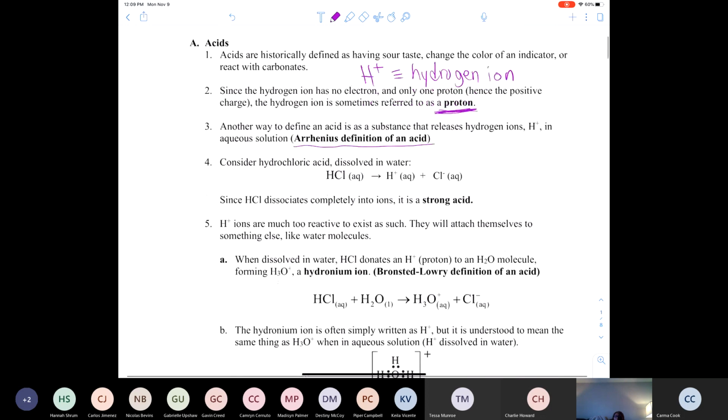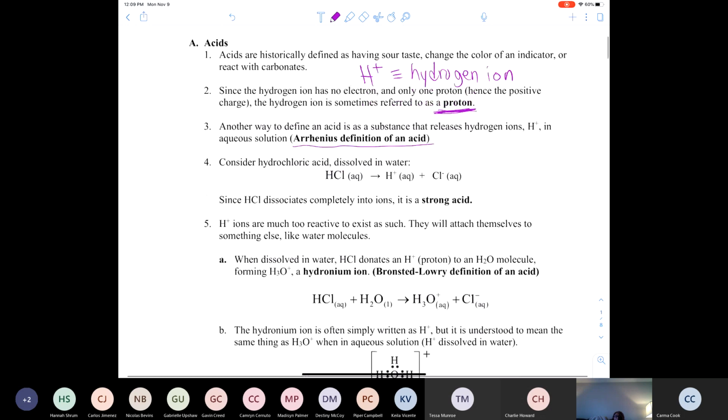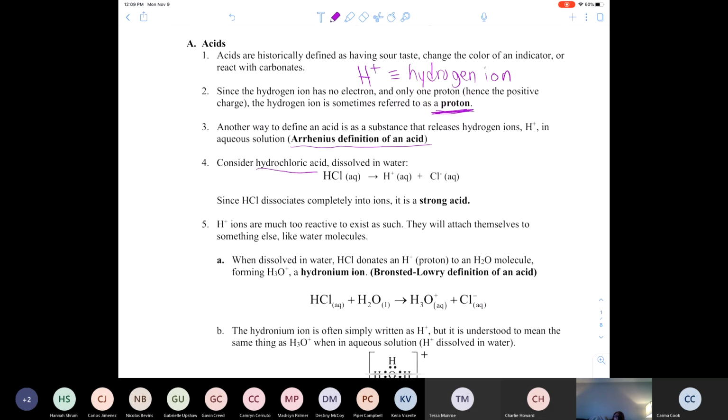So in other words, an acid like hydrochloric acid, HCl, when placed in solution, will dissociate into its two ions, one of them being the hydrogen ion. So therefore, by that definition, you classify HCl as an acid because it releases an H+ ion in solution.